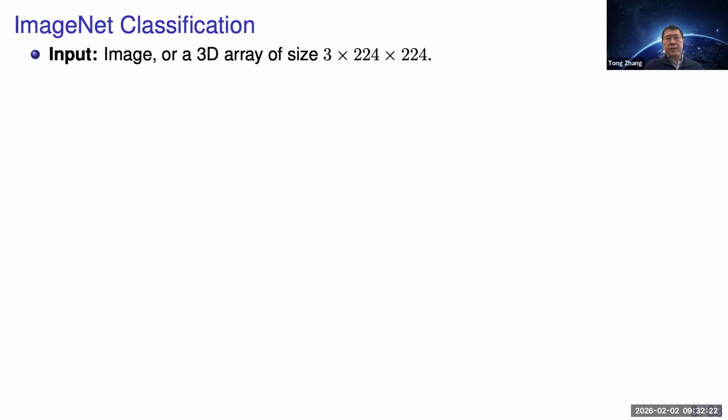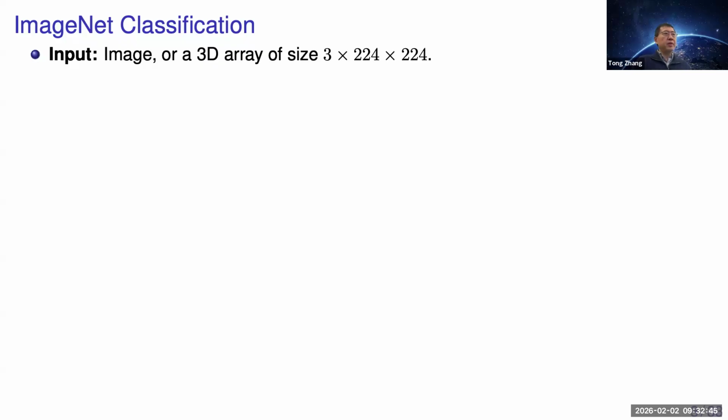Okay, so for CNN, of course, we start with image classification. That's the common task, and it's what really started to popularize the images. So for an RGB image, which is a color image, you have three channels, and you have an image size.